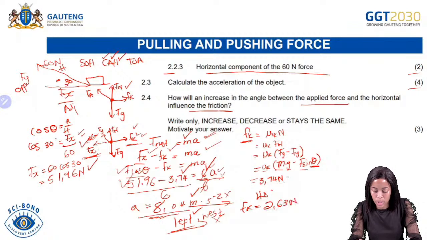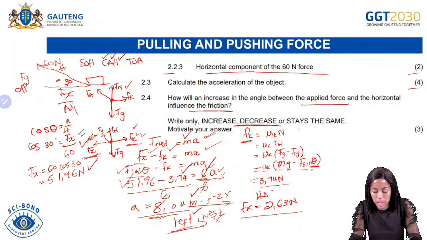So step number 1: when we had 30 degrees, it was 3.74. Now that we have 40 degrees, the friction is 2.63. So the friction decreased.